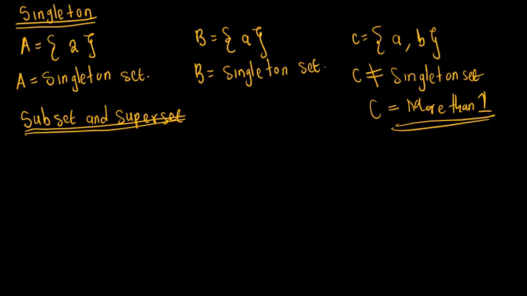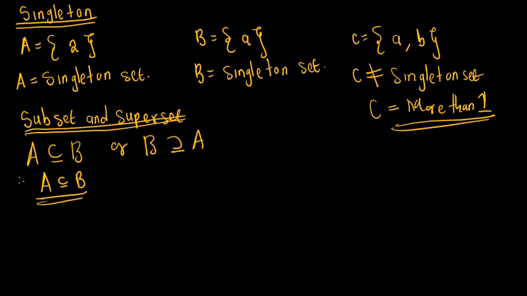A set A is a subset of set B, or equivalently B is a superset of A, that is if all the elements that are in set A belong to B.